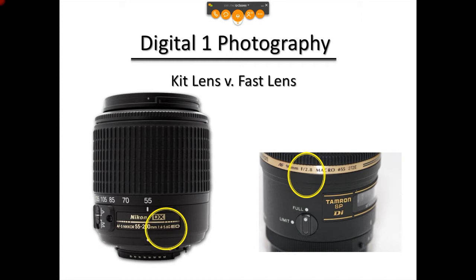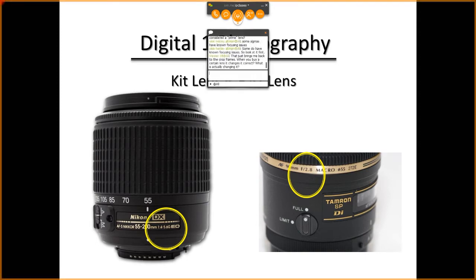Okay, and a couple of other things that I want to make sure that you guys understand too, and a bit of a question here. Prime lenses are a single focal length lens. So a 50 millimeter is a prime lens, a 105 millimeter is a prime lens, 20 millimeter, 28 millimeter prime lens.